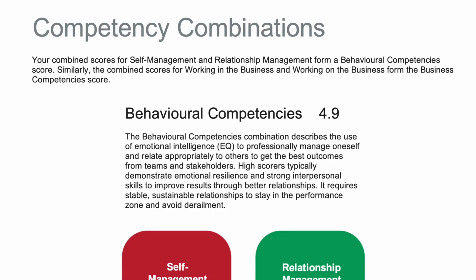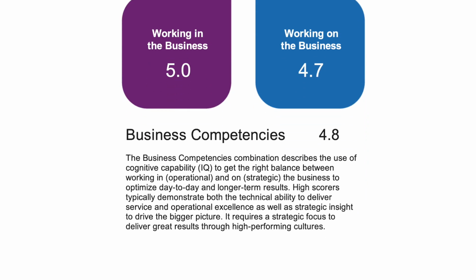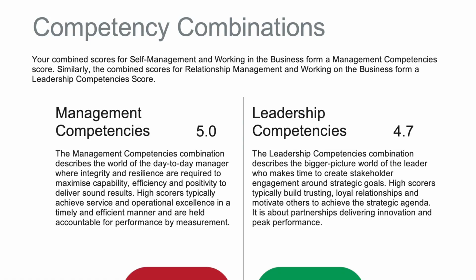His behavioural competencies, which we often refer to as EQ, are at 4.9, and his business competencies are at 4.8. Under the competency framework, we then look at the mapping of the 50 items against management competencies, which he came in with a 5, and leadership competencies at 4.7. So the message here is that what has really brought him down is very much in the EQ people area.